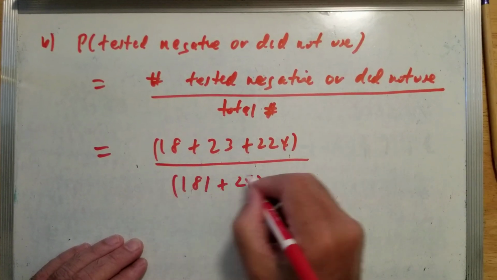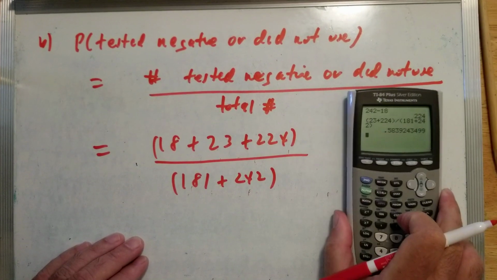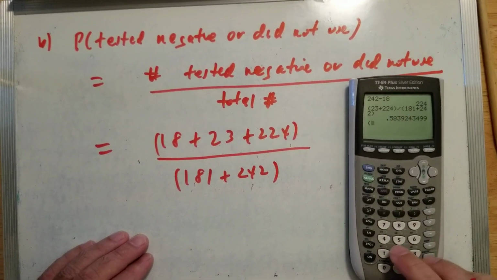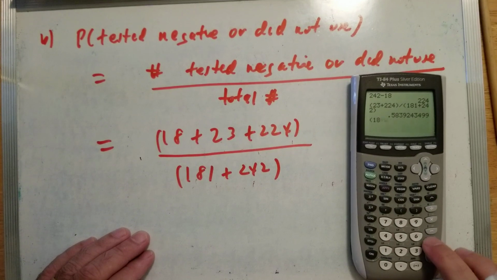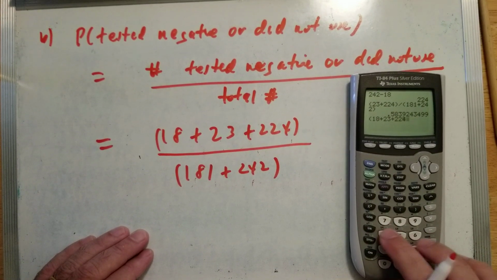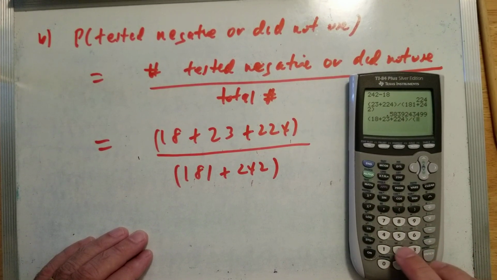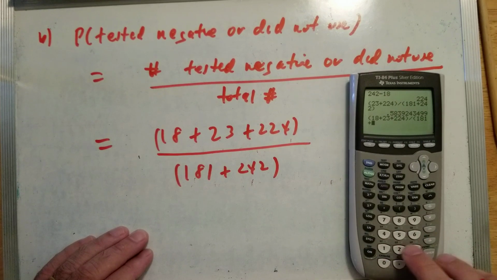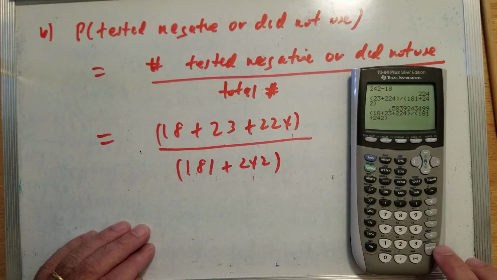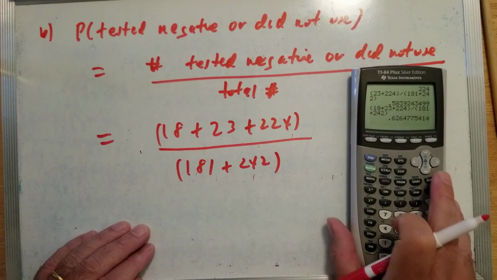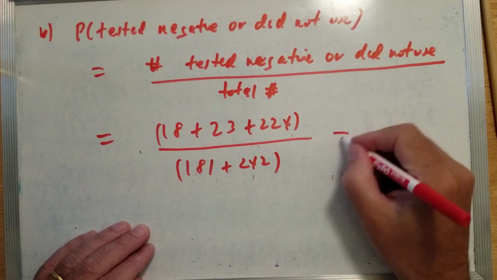I'm putting parentheses because I'm going to need them on the calculator. 18 plus 23 plus 224 divided by 181 plus 242, and to 3 decimal places, 0.626.